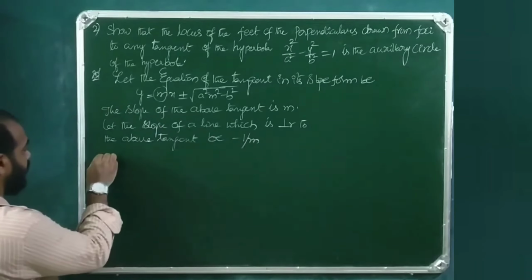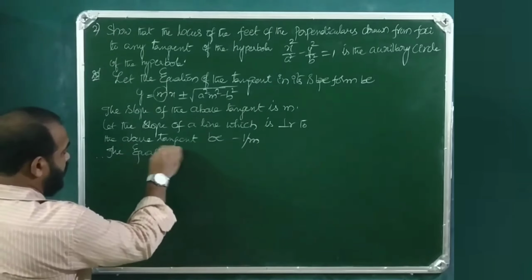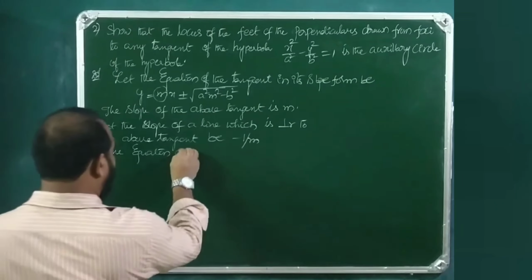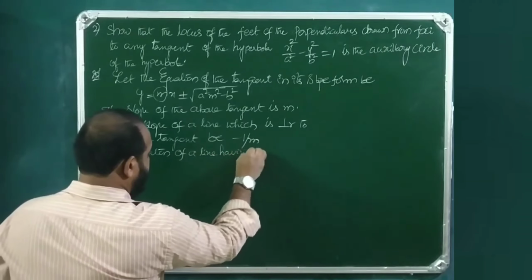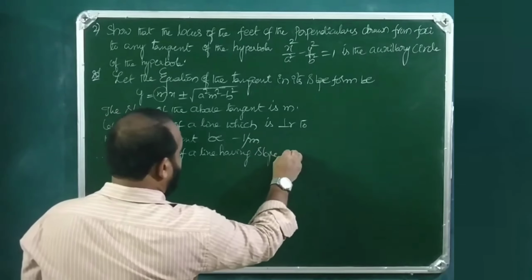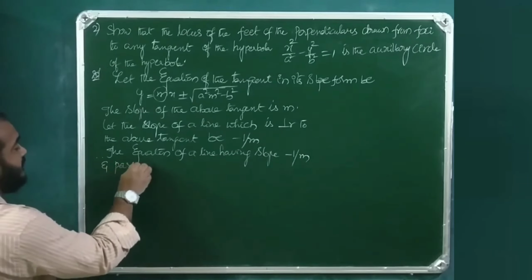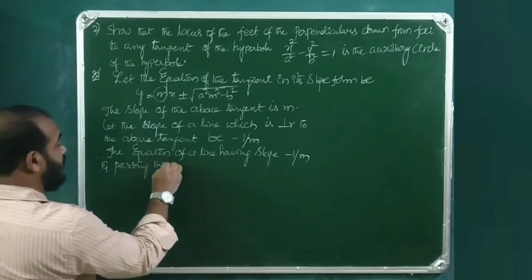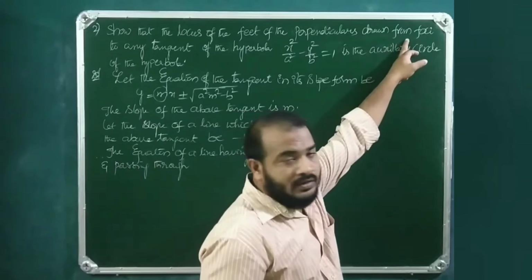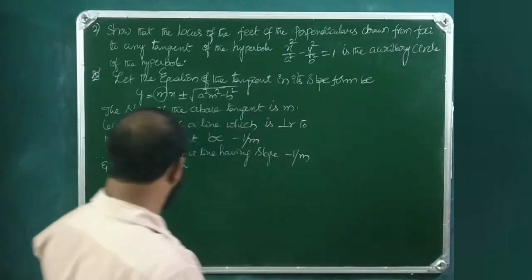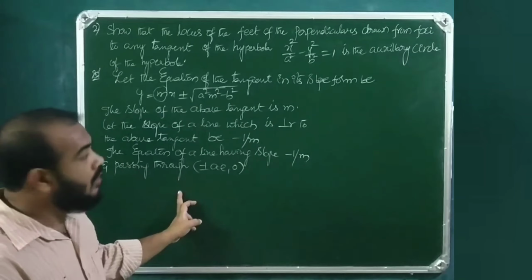Therefore, the equation of a line having slope −1/m and passing through the foci. What are the foci? (±ae, 0). So these are the foci of the hyperbola.